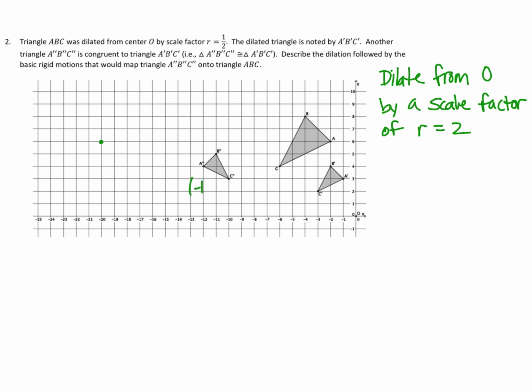This point is -12, 4. So 12 doubled would be 24, and 4 doubled would be 8. Then this point is -11, and it goes through the 5. So that would be -22 and 10.